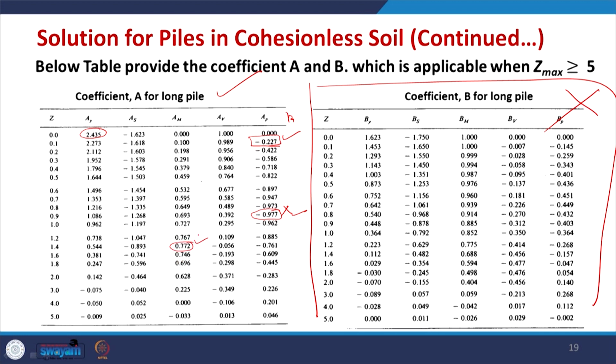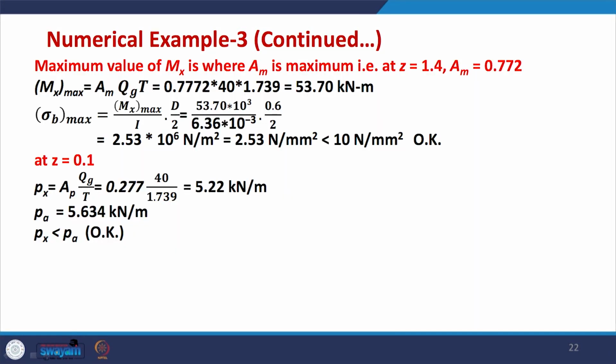So 0.772 is picked up from this table, and for this value you calculate the maximum bending moment and then the corresponding bending stress. You obtain the maximum bending stress of 2.53, which is less than the permissible value of 10 Newton per mm squared.